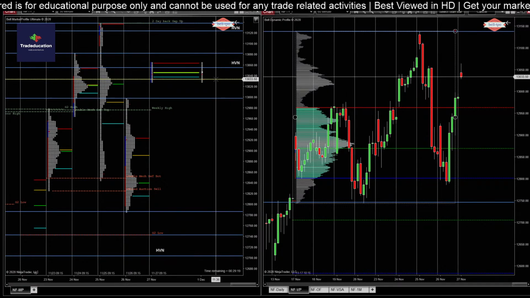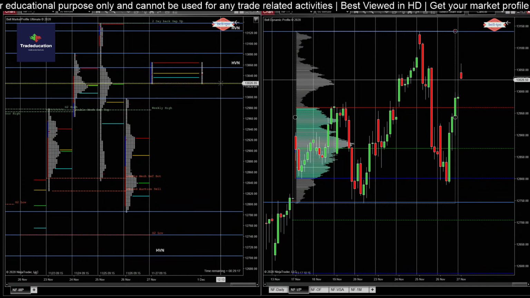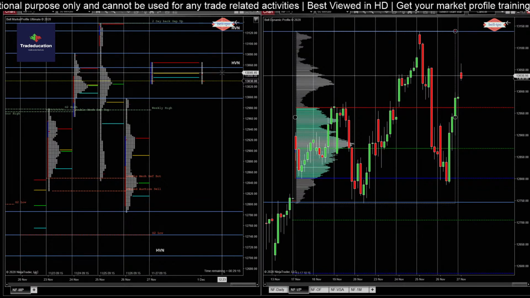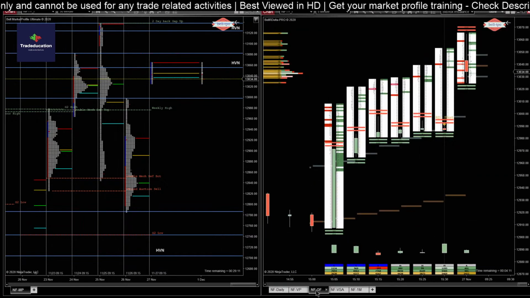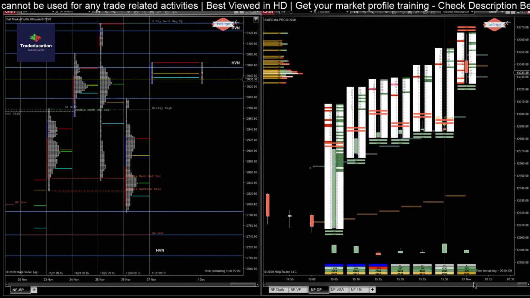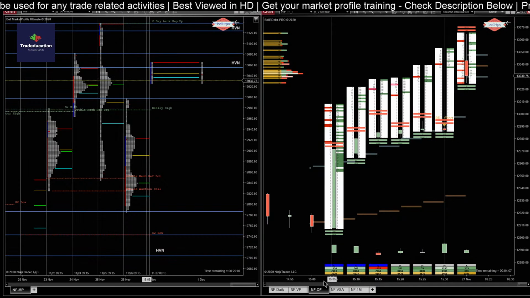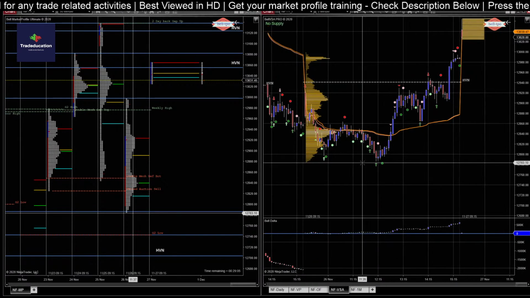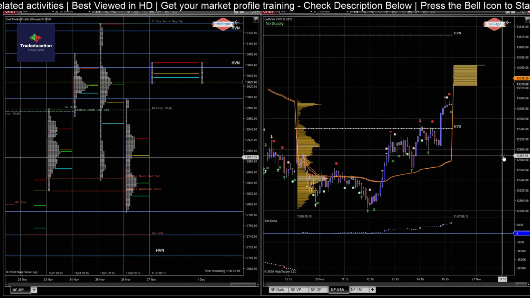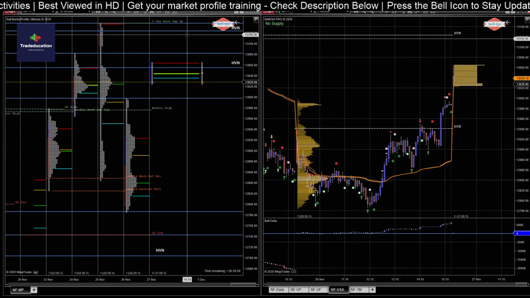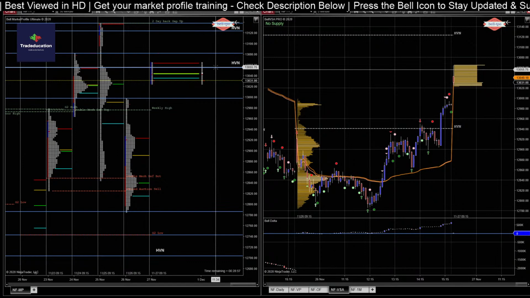The auction opened with a good gap up, and now let's see whether this gap is getting filled. This is where sellers are there, and from the order flow chart, 2500 contracts have been traded. So this is one HVN.